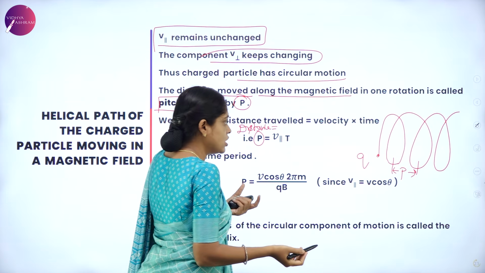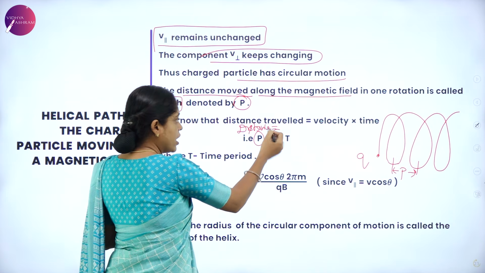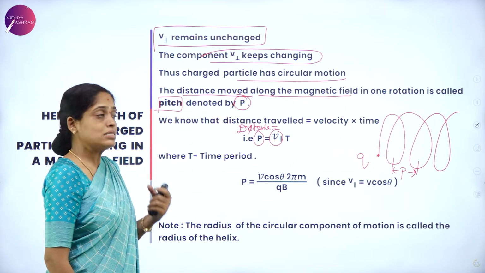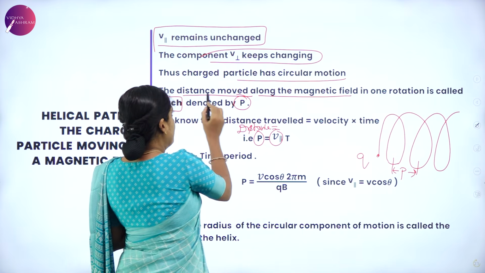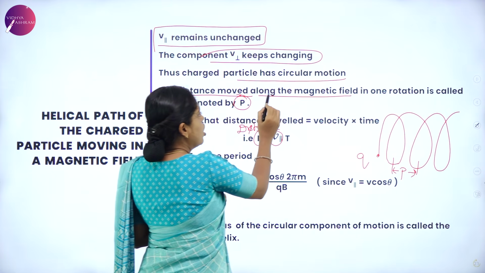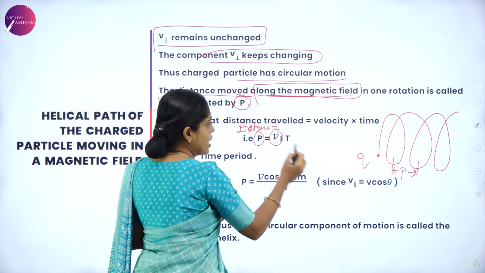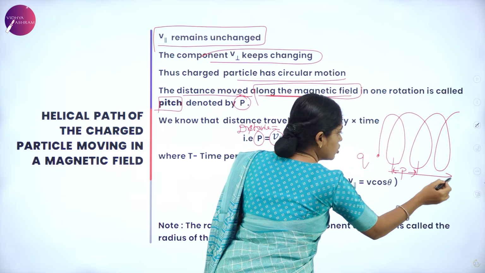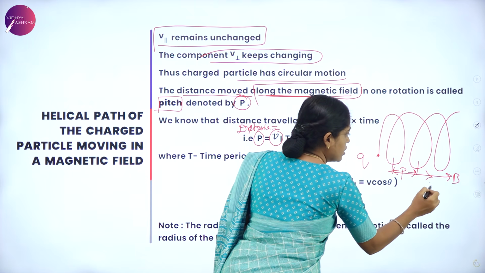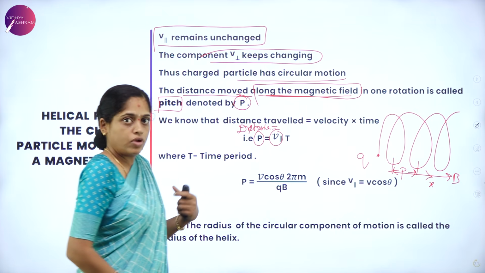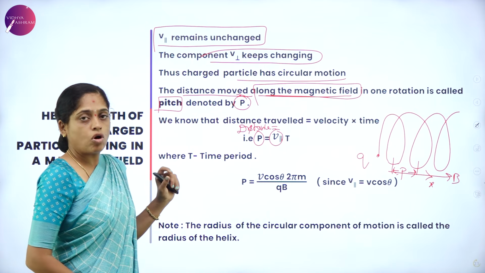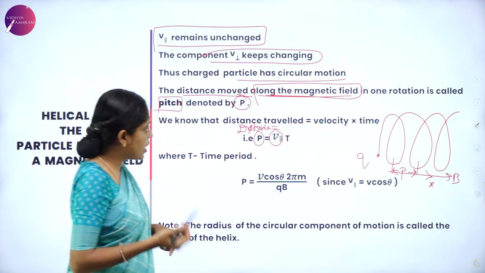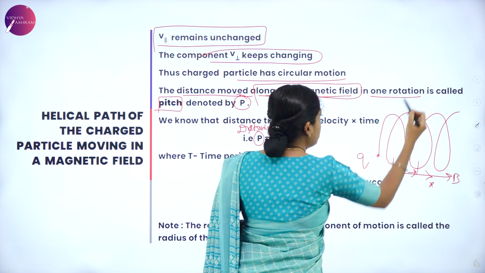Parallel component of velocity is responsible because we consider the distance along the direction of magnetic field. Therefore, here we consider the parallel component of velocity and we are calculating it for one rotation.